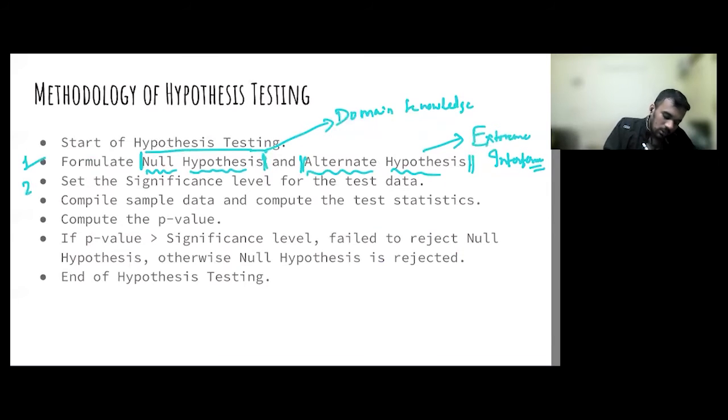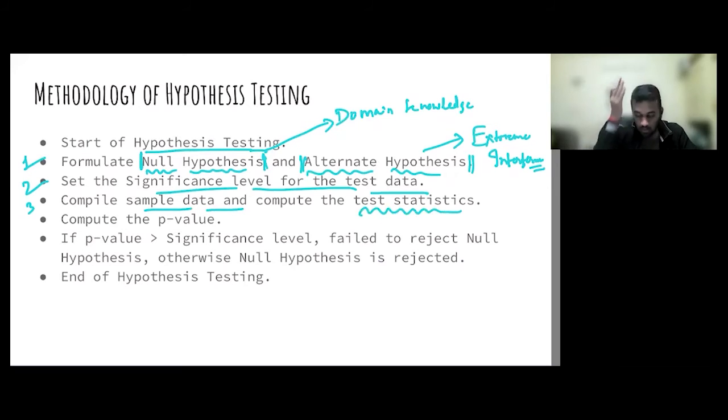Step 2 is to set a particular significance level for the test data. This differs from data to data, and in most cases it is taken to be 0.05. The third step is to compile the sample data and compute the test statistics. Now, this is a very important term, test statistics. In the coming slides, we will describe exactly what the test statistics are and what exact tests are employed to perform hypothesis testing, given different data sets.